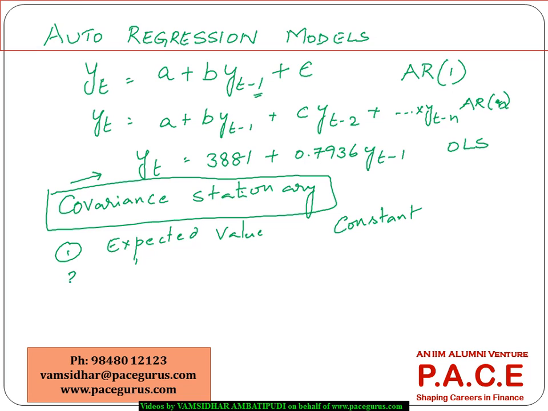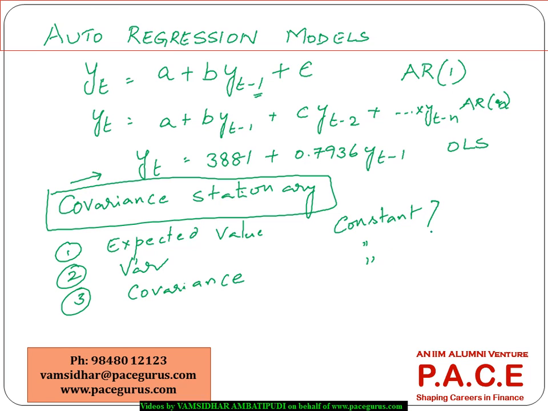Similarly, if I take the variance of the time series, it should be more or less constant. It should not be increasing with time or something like that. And the covariance between any two pairs at any lag, even that needs to be constant.